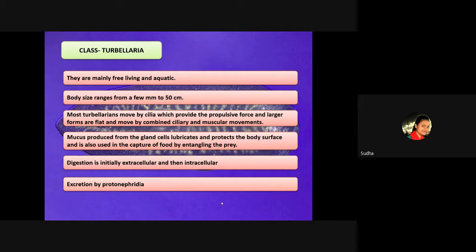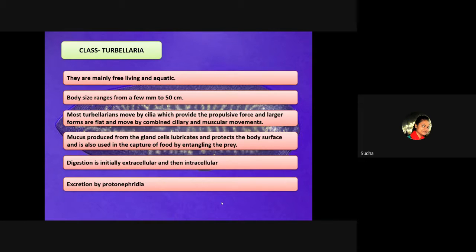Most turbellarians move by cilia, which provide the propulsive force, and larger forms are flat and move by combined ciliary and muscular movement. Mucus produced from the gland cells lubricates and protects the body surface and is also used in the capture of food by entangling the prey.